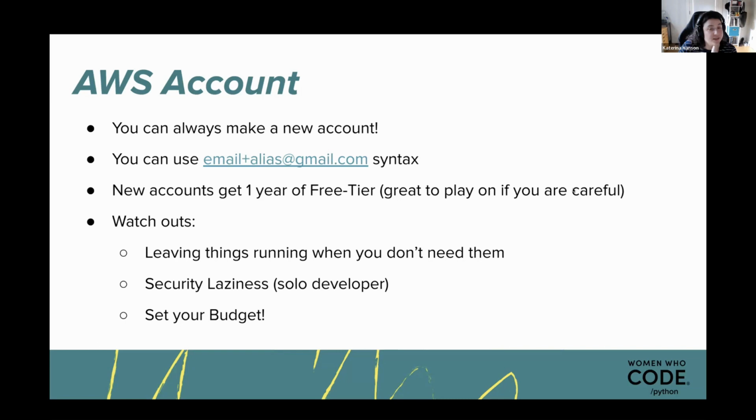You don't actually have to spend a lot of money. The watchouts for that are leaving things running when you don't need them, and getting lazy about security. That's really hard to clean up after the fact. So even though you're a solo developer, it's good to use best practices. And you should also go ahead and set your budget when you first get into your account.